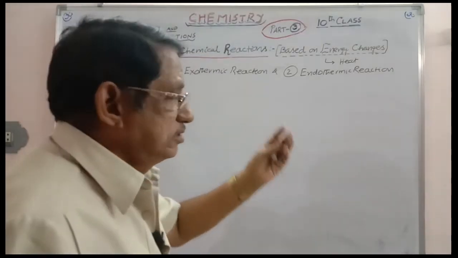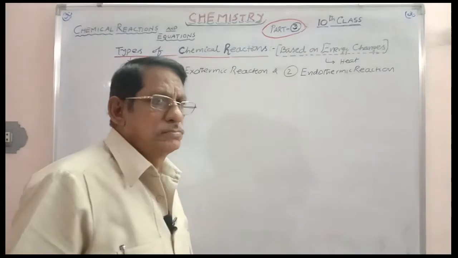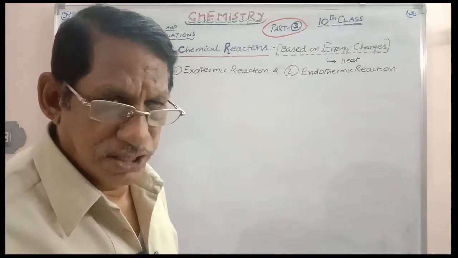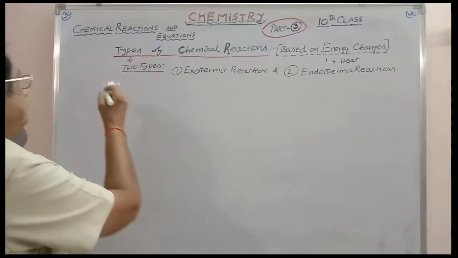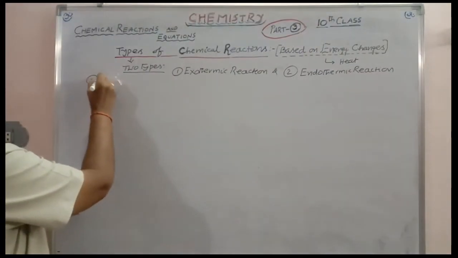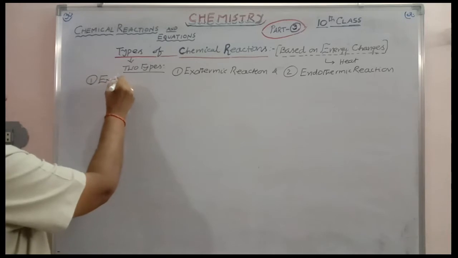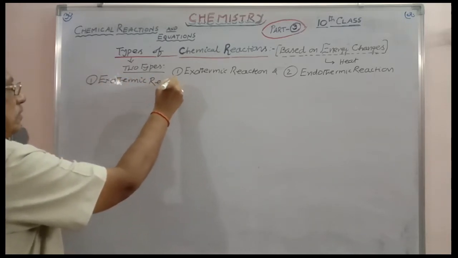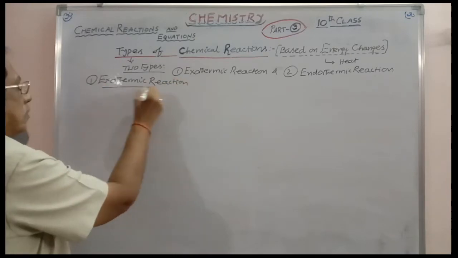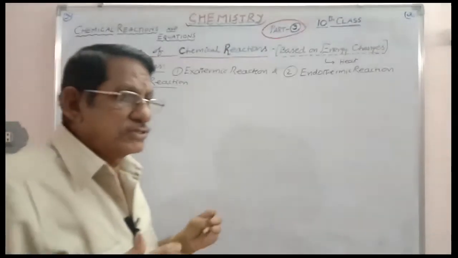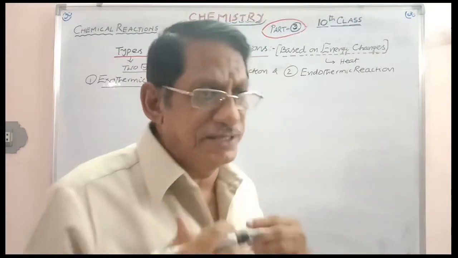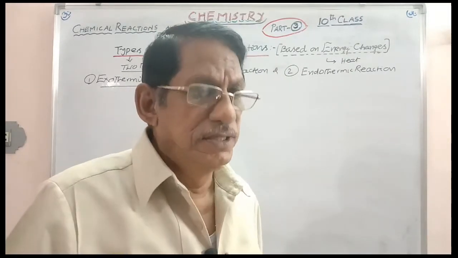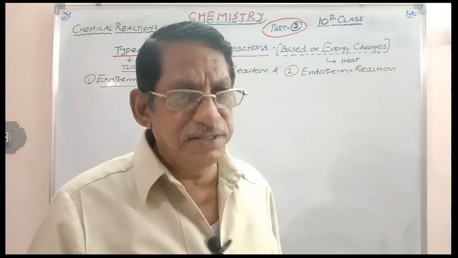Now let us consider the simple definitions of these two with a few number of examples. Okay. First, exothermic reaction. Whatever excess amount of heat is present in reactants, after their conversion into the products in the reaction, that excess heat will be liberated.